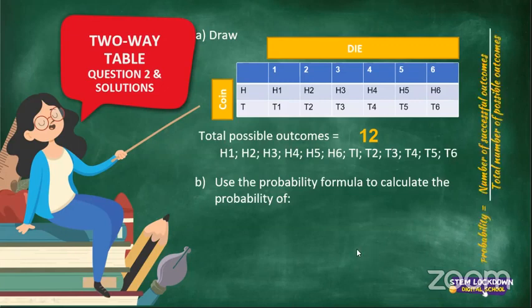Look at the side, I put it up for you, I put it on the side just so that we can have some space. Probability equals the number of successful outcomes over the total number of possible outcomes.